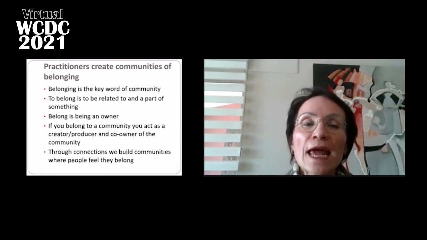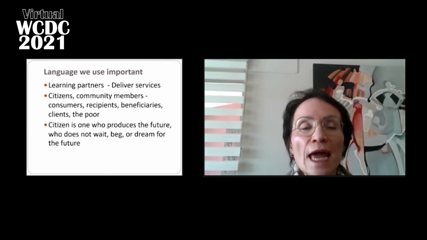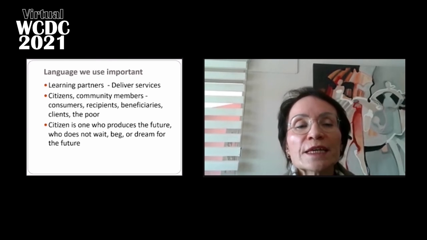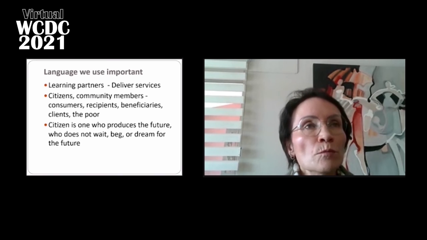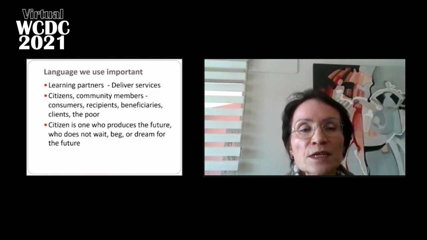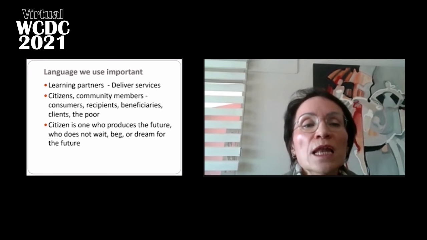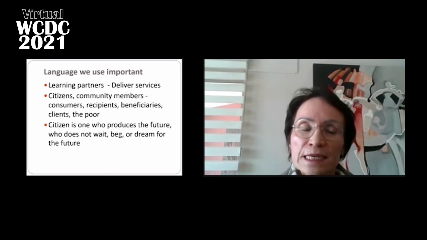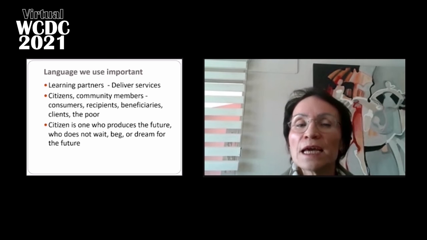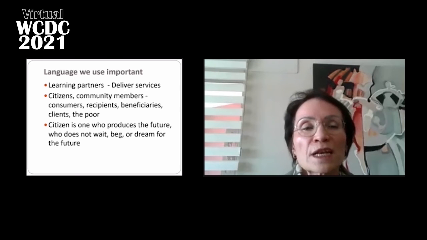So the language that we use as practitioners is very important. We talk about learning partners. Us as the organization with the community, we are learning partners. We learn from each other. We do not deliver services. Service delivery is not part of our language.